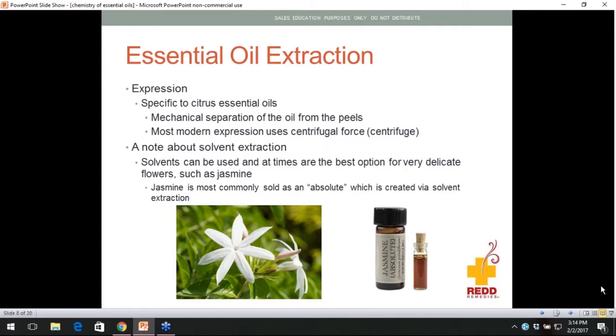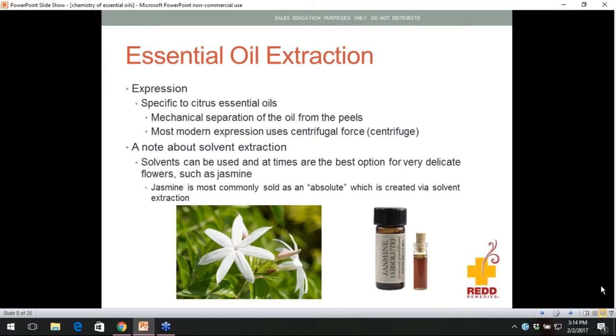Now, this is not the most ideal because of the solvents involved. They use mostly hexane. Hexane is not the prettiest thing that we want to be using. However, there are oils and plants where that is the absolute best option.